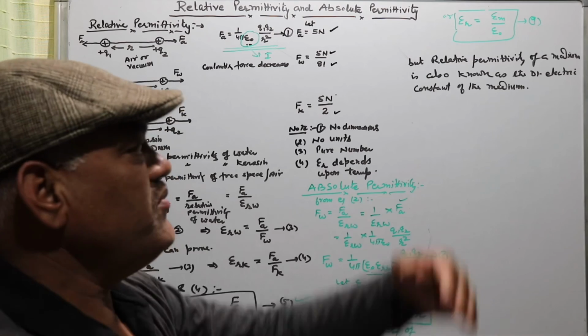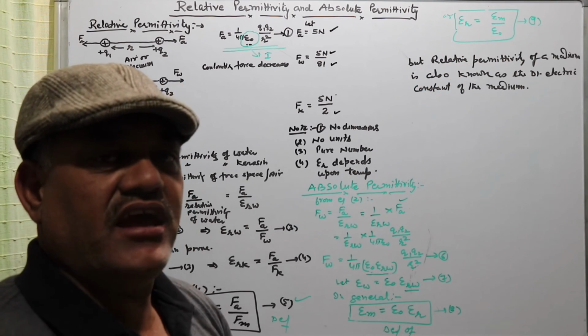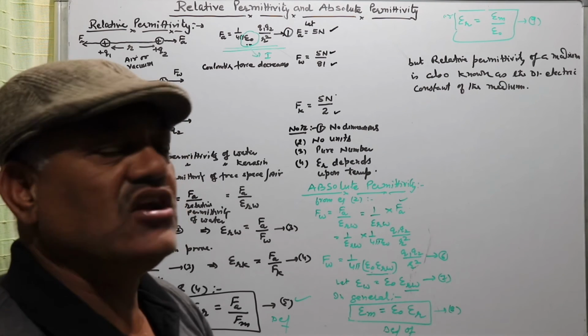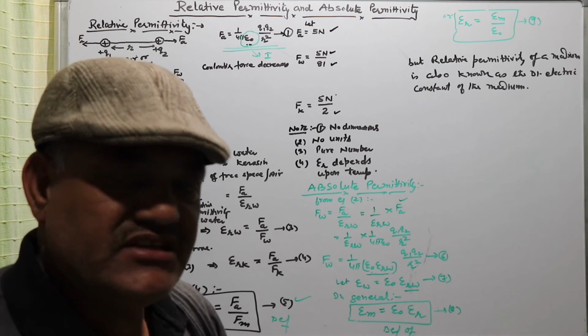मतलब किसी भी मीडियम की जो रिलेटिव परमिटिविटी है उसका एक दूसरा नाम है, that is known as dielectric constant of that medium.